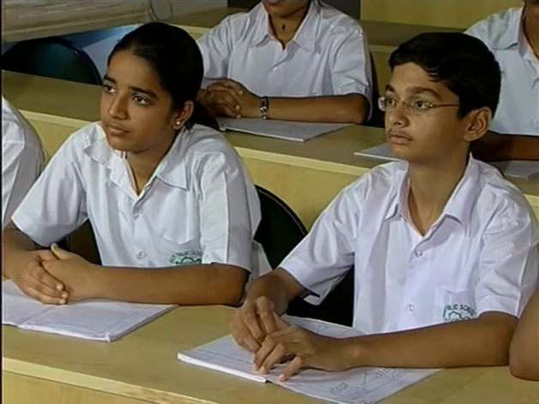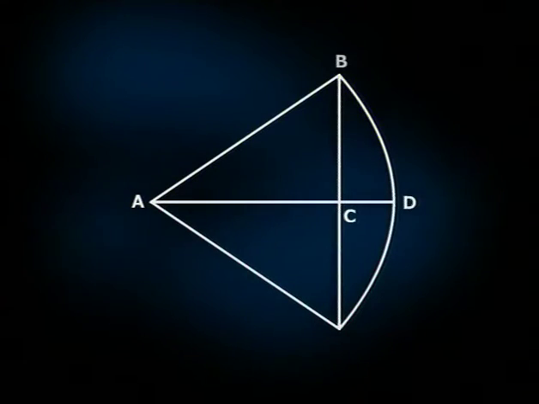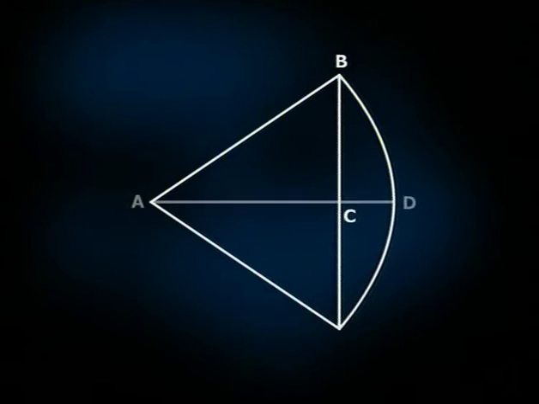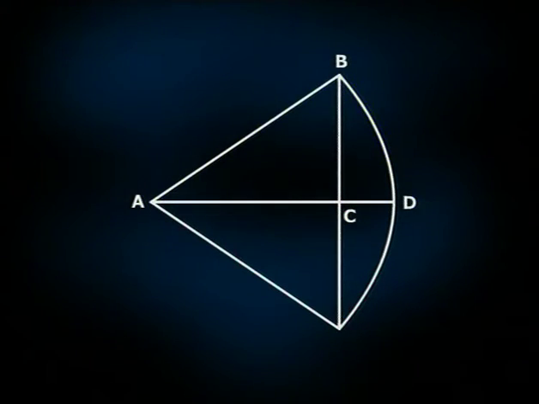Yes, a unit circle is a circle with radius 1, and we are taking the vertex of this angle at the center of this circle. Let the point C be the foot of the perpendicular dropped from B to the line AD. Then the sine of angle BAD is defined to be the length of line BC.